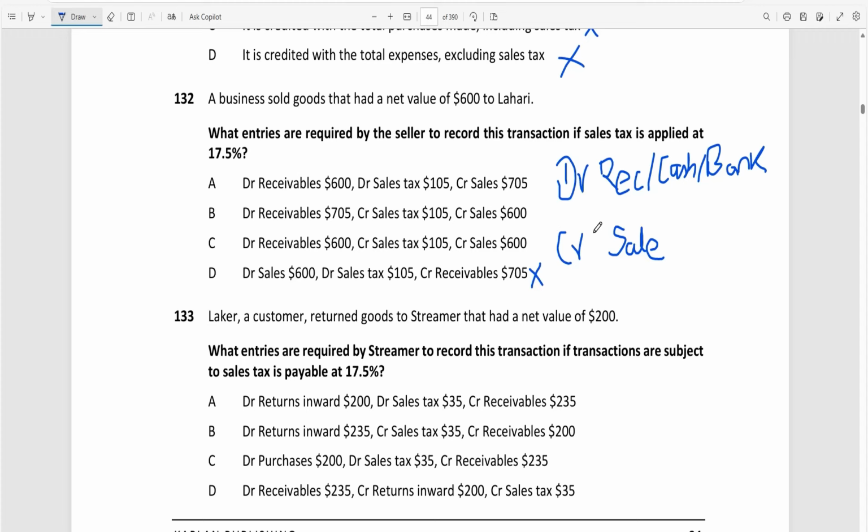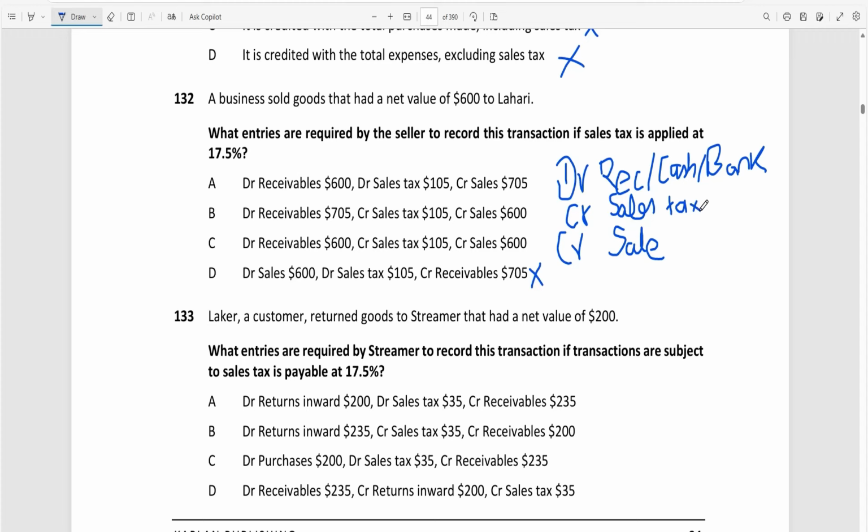As I said, sales tax is a liability that needs to be paid to the tax authorities. As it is a liability, it should also be posted on the credit side. So here we will also add the sales tax amount.